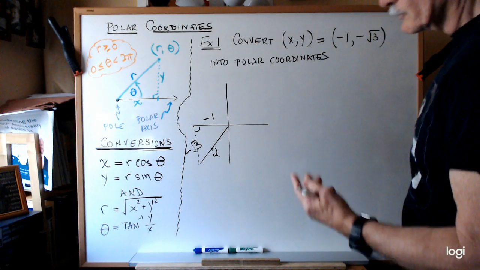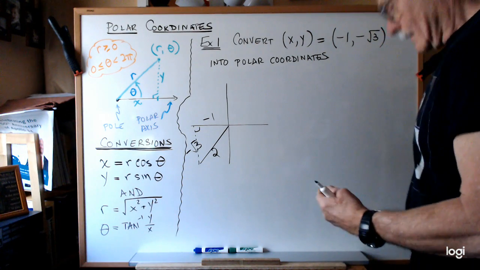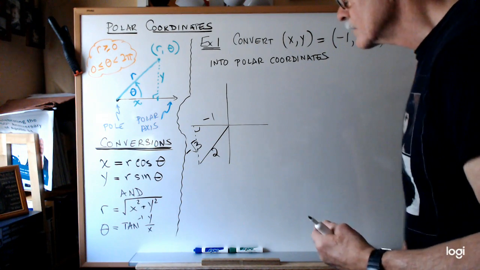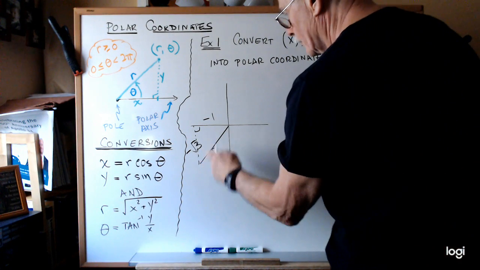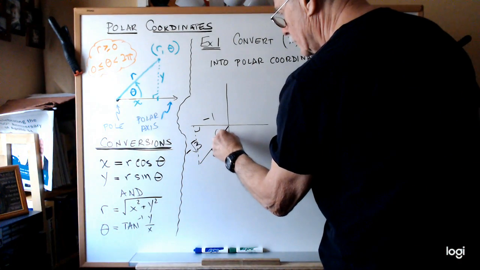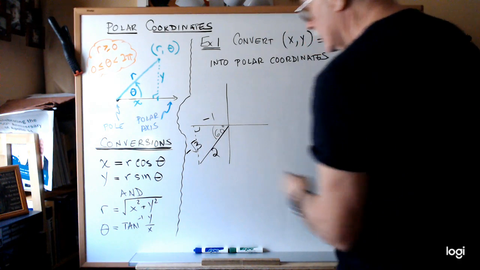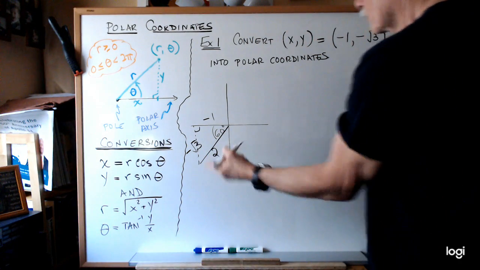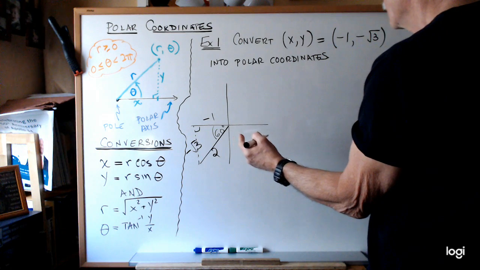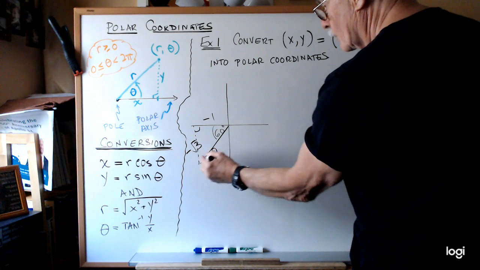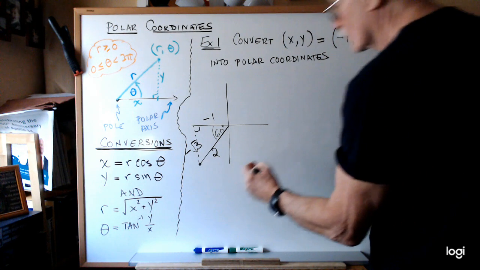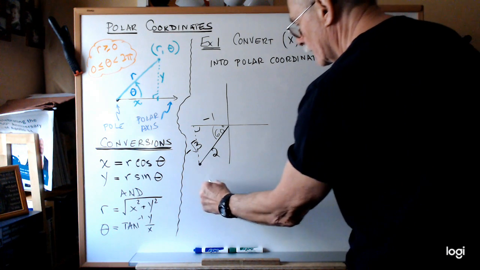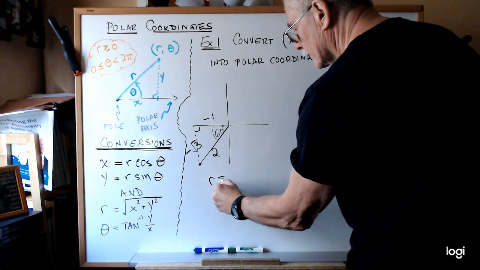We're supposed to know in a 30-60-90, the side opposite the 30 is half the hypotenuse, so this would be a 30, this would be a 60, okay? So therefore we can just look at this and instantly r, of course, is a 2. r is the distance we're going out on the radial line. So this is pretty much by observation.